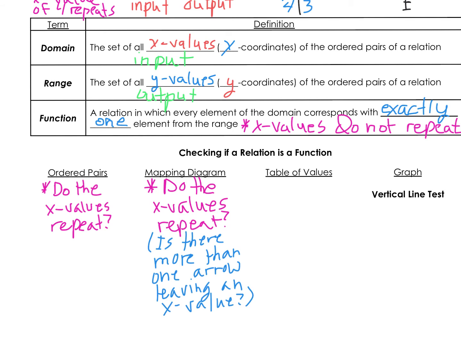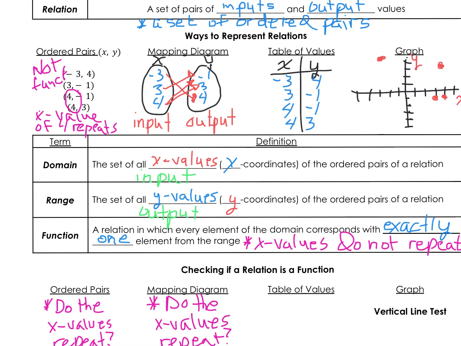Because if there's more than one arrow leaving an x value, that must mean that the x value repeats. So look up here at this mapping. Notice that here we see two arrows. Here's an arrow going to 3 and an arrow going to -1. Two arrows are leaving 4. That implies right here that the x value of 4 repeats.